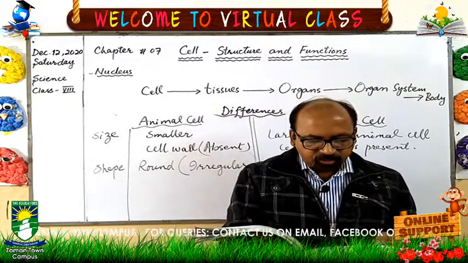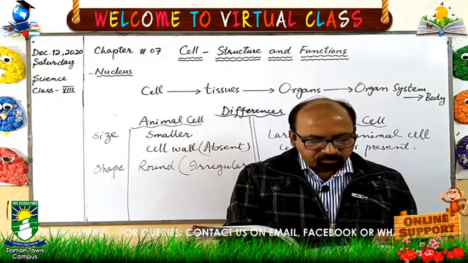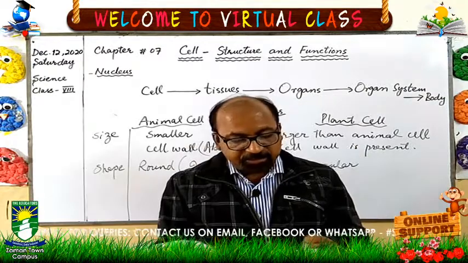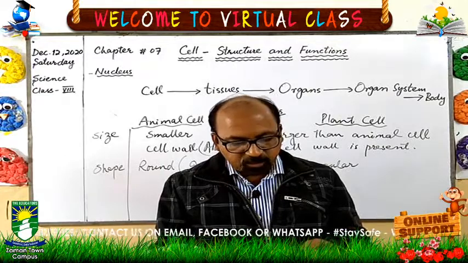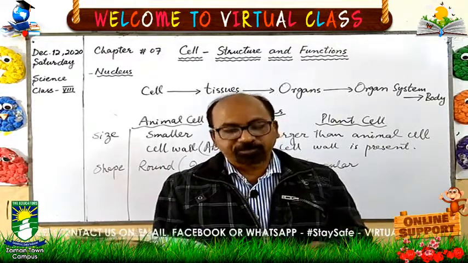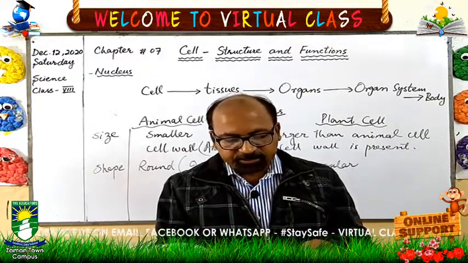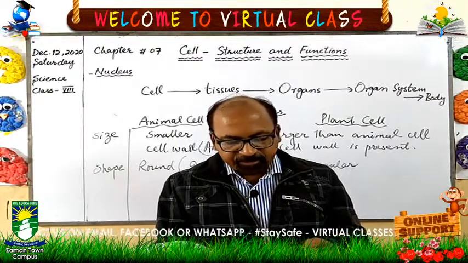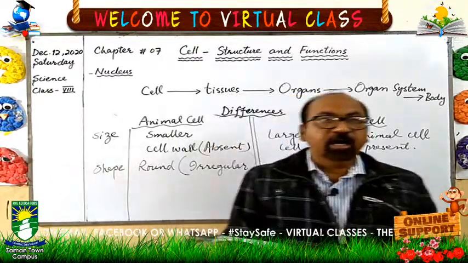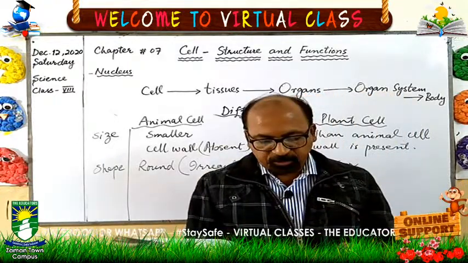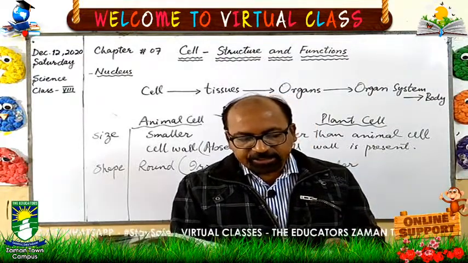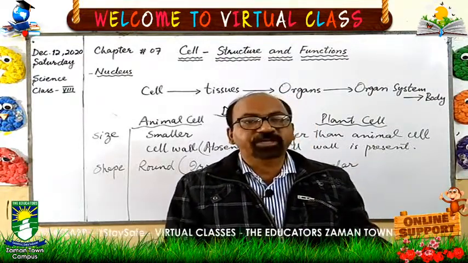Centrosomes are responsible for cell division, meaning they appear in cell division. Ribosomes are for protein synthesis. Endoplasmic reticulum is the medium for transportation. And Golgi bodies perform a secretory function.